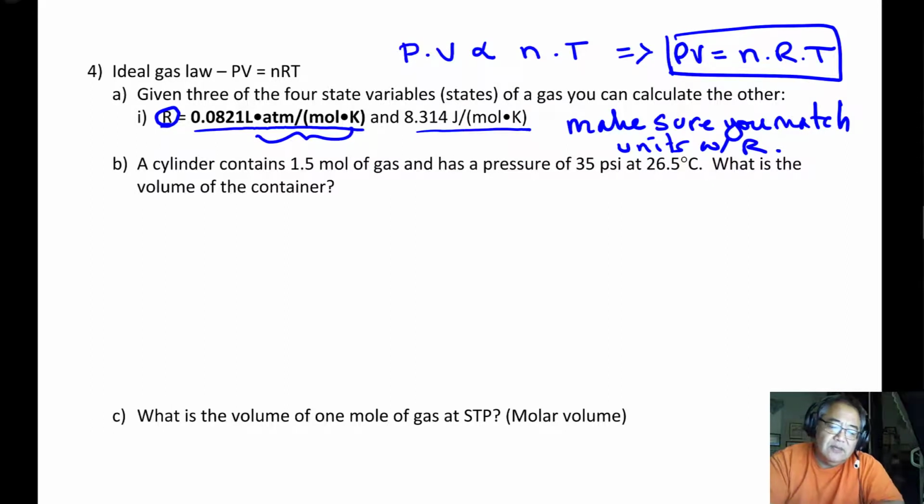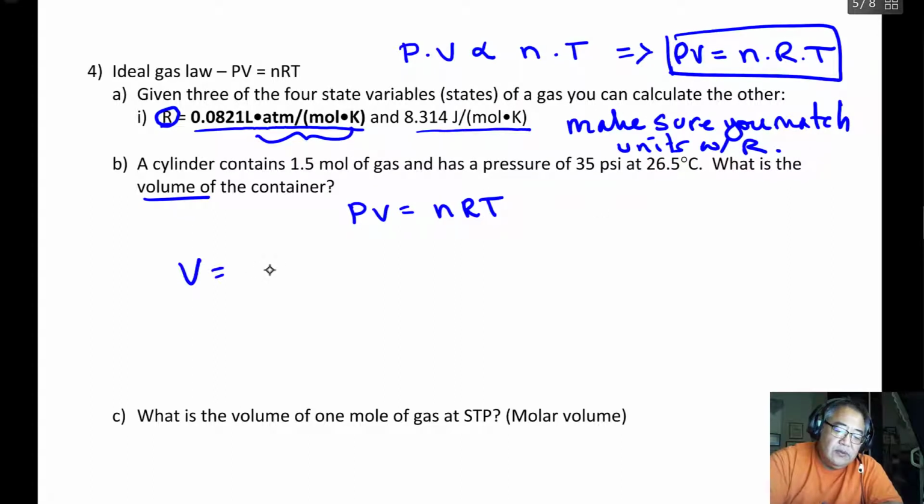This is just asking you for the volume. So PV is equal to nRT, and I need to solve this for the volume. So V is equal to nRT over P.